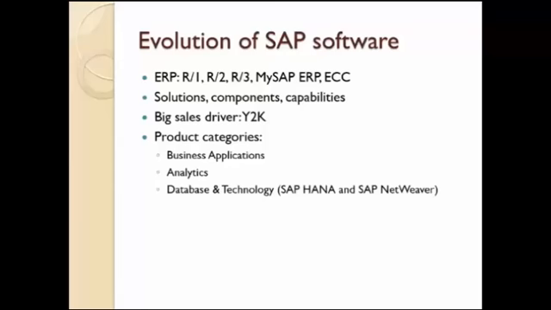Over the years, they came out with different versions such as R2, R3, My SAP ERP, and now the latest version is known as ECC. But they are all different versions of ERP basically.